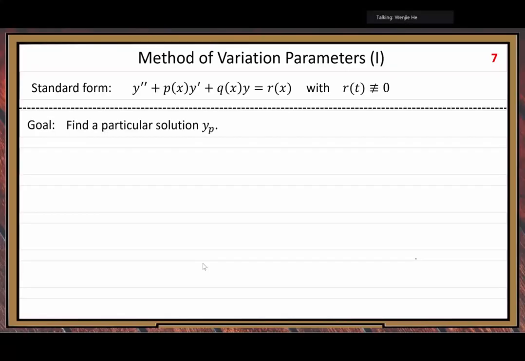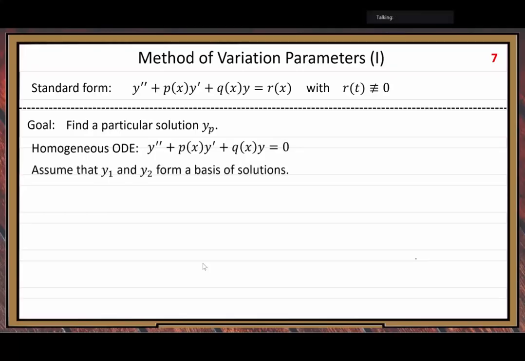Because our goal is y p, we assume y1, y2 can be found from the homogeneous equation.